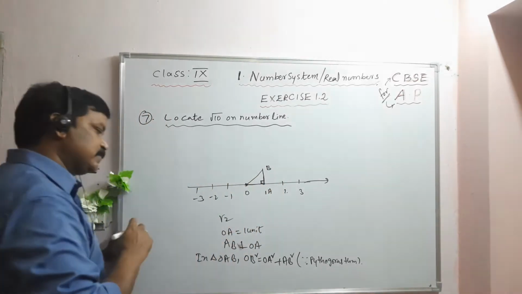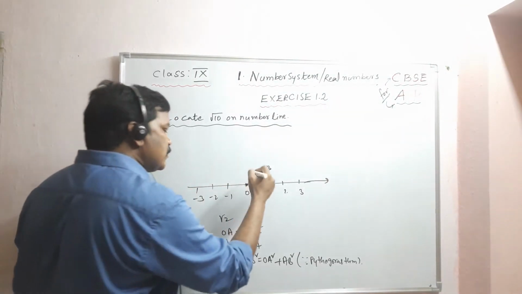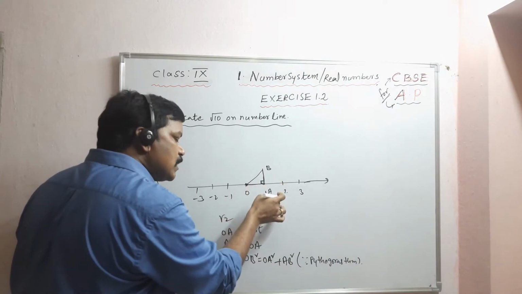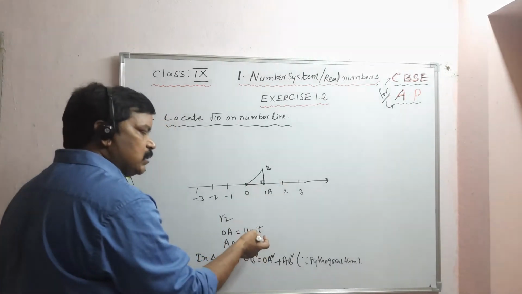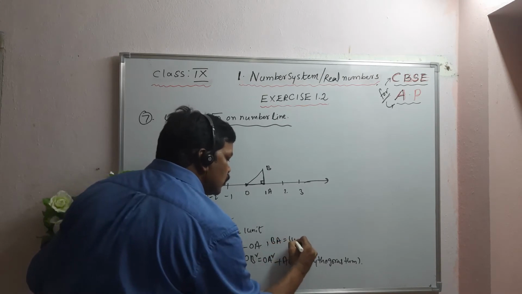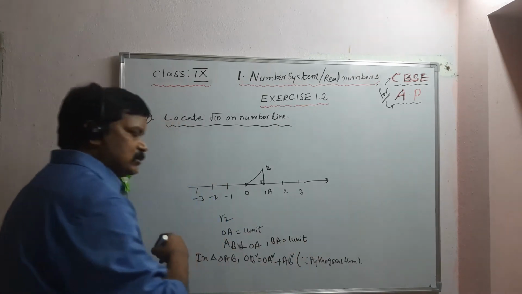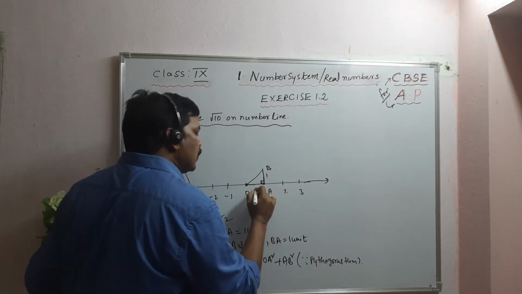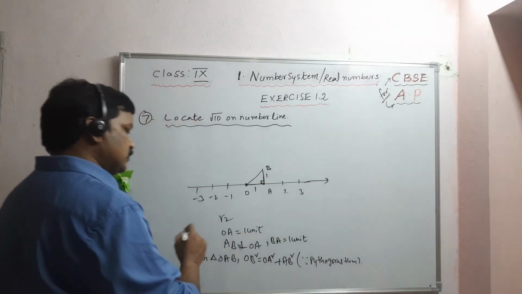Understand, children? Right. So what is AB? We draw BA perpendicular to OA, and that BA should be equal to 1 unit. I forgot to tell you, right? So here BA is 1 unit and this OA is also 1 unit.